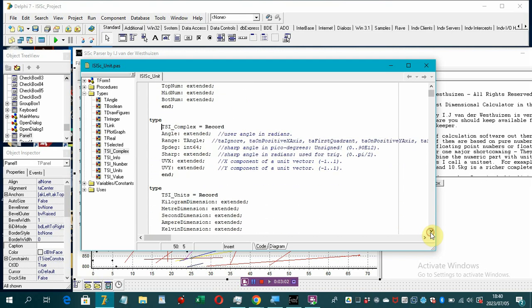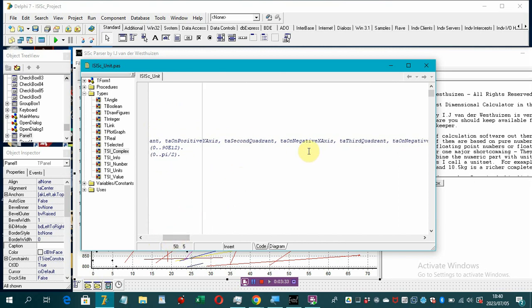Okay, then you get to the complex, so that's a number part. This is a complex unit vector part. It's got an angle, that's an angle of extended floating point, a range of T angle. It just tells you where you are: on the positive x-axis, or on the first quadrant, or on the positive y-axis. I can go that way if you want to see everything.